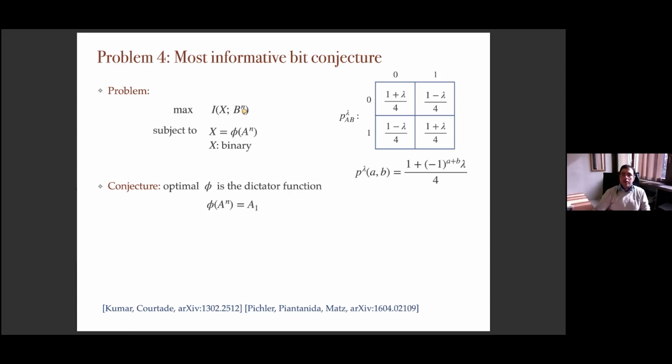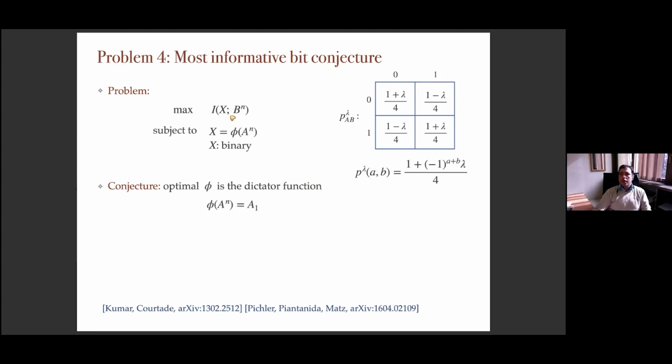It would depend on only the first copy of B. So for dictator functions, this maximum would be independent of n and would be just the mutual information between A and B for this distribution. And that's why you see this phenomenon of tensorization.